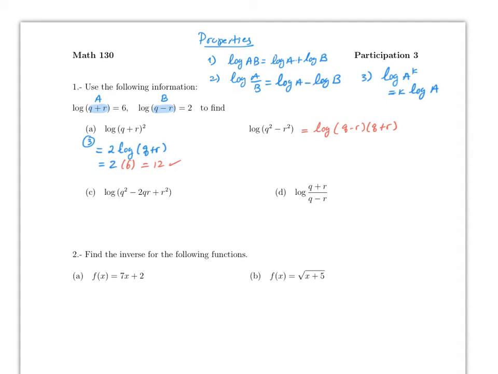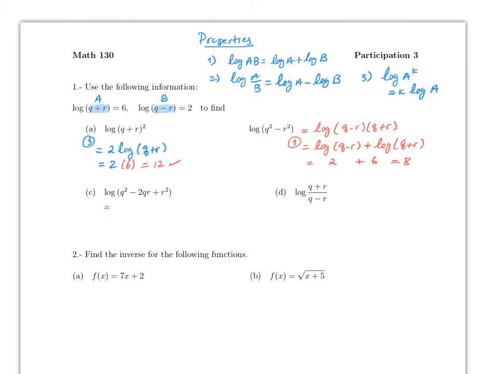So by property number 1, this becomes log of Q minus R plus log of Q plus R. But you know what this is and what this is because it's given. So therefore this will be 2 plus 6 and the answer is 8. Okay.